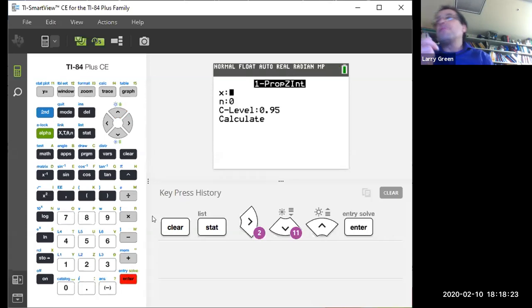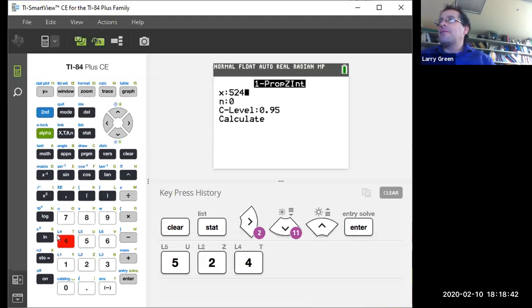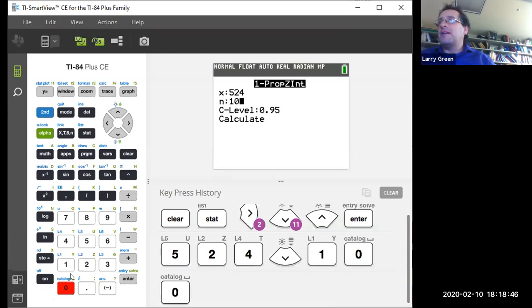Different calculators are a little different, but most of them ask this. They ask for x, the number of people who said yes. Now, if you remember, np, which is the number of yeses, was 524. n was our sample size, which is 1,008. And then C-level has nothing to do with being near the ocean.